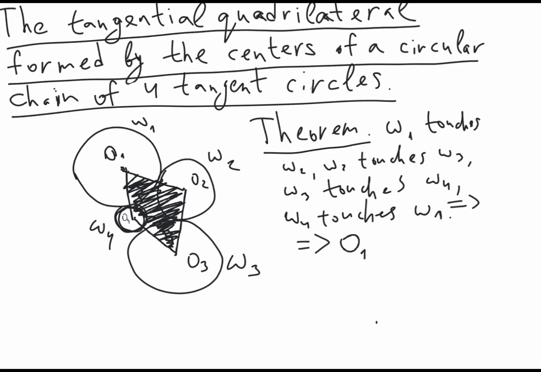So O1, O2, O3 and O4 is tangential. Tangential means that there exists a circle that is inscribed in this quadrilateral.